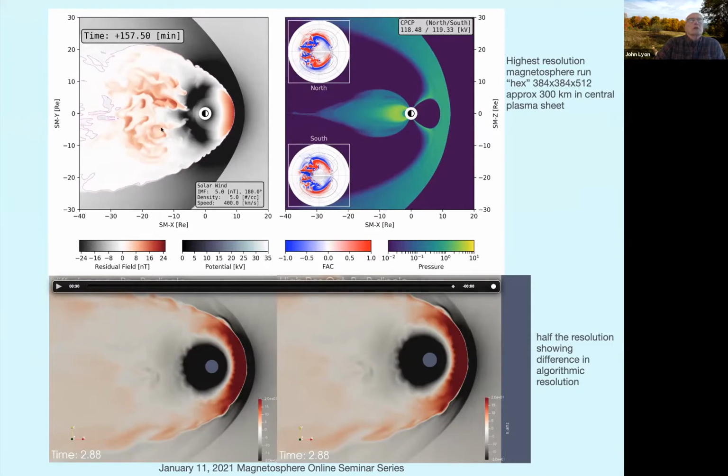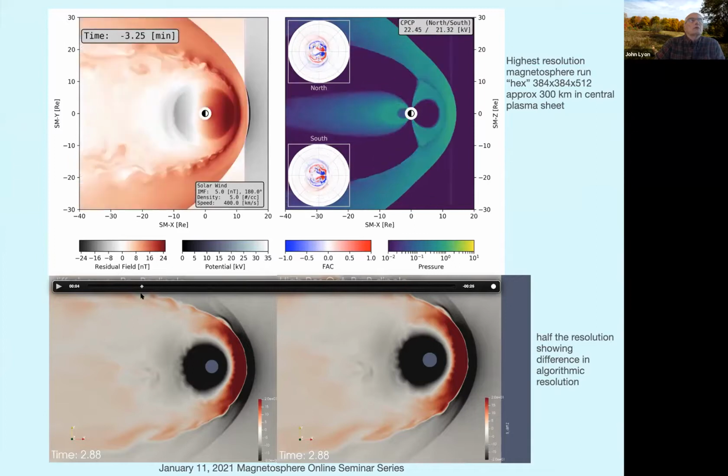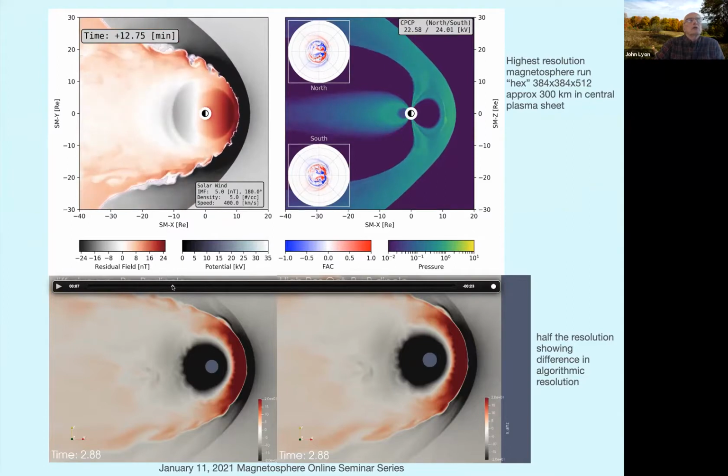One important thing that we'll get to in a second is about here, where you can see these little beads forming up in here. And those are, we think, auroral beads, the formation of auroral beads.